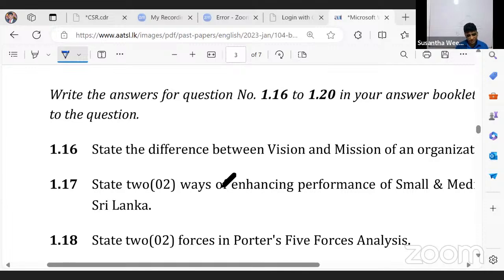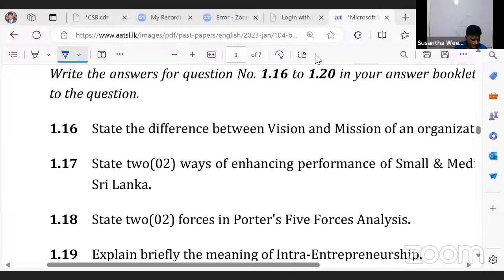As an example, if this is a finance company going to be the number one financial institution in the country, then they can say in the mission statement the way they are going to achieve this target.